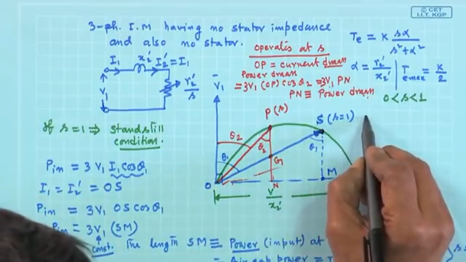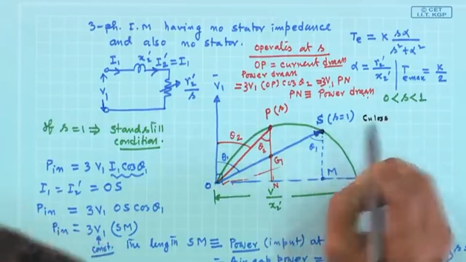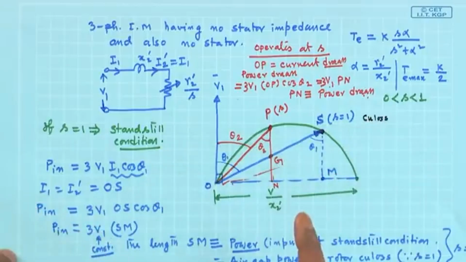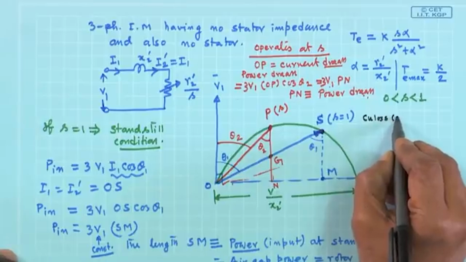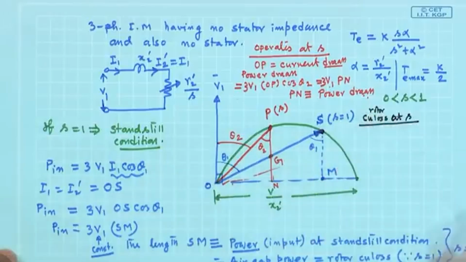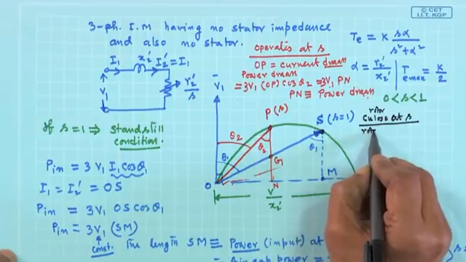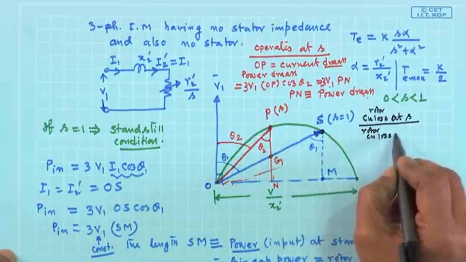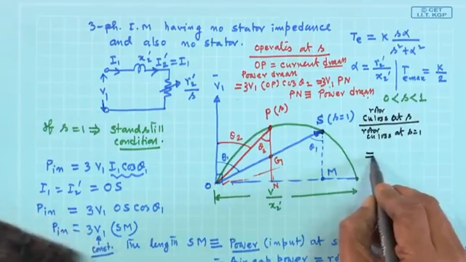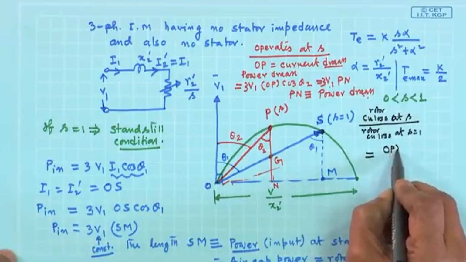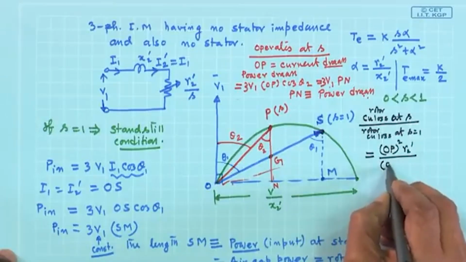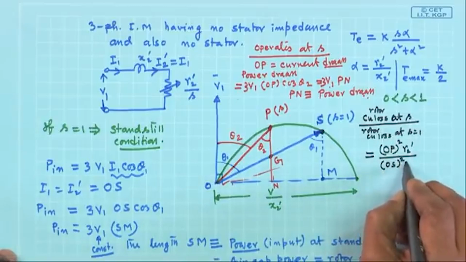Acha, I will take this ratio: copper loss at S, copper loss meaning rotor copper loss, divided by rotor copper loss at S equal to 1, that is corresponding to capital S. This ratio will be nothing but equal to this length OP square, because that is the current, into R2 dashed, divided by OS square, copper loss at S equal to 1, into R2 dashed.